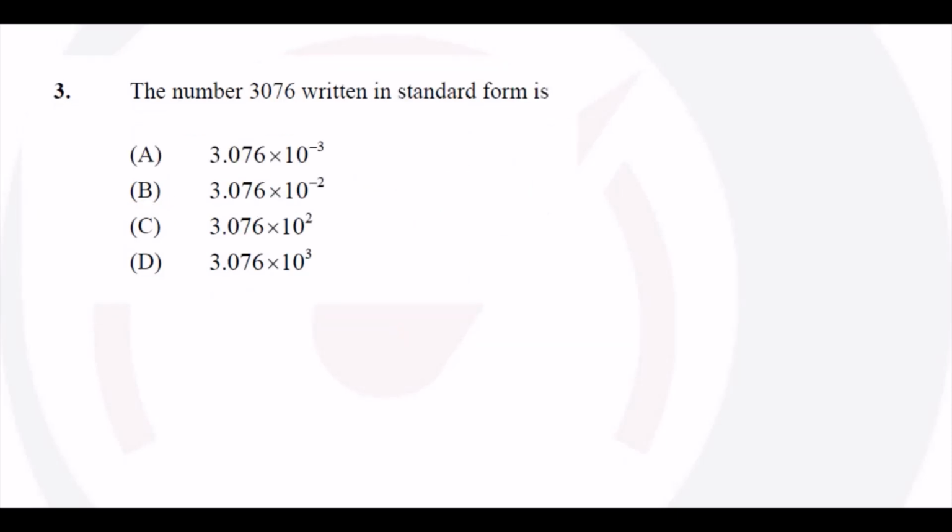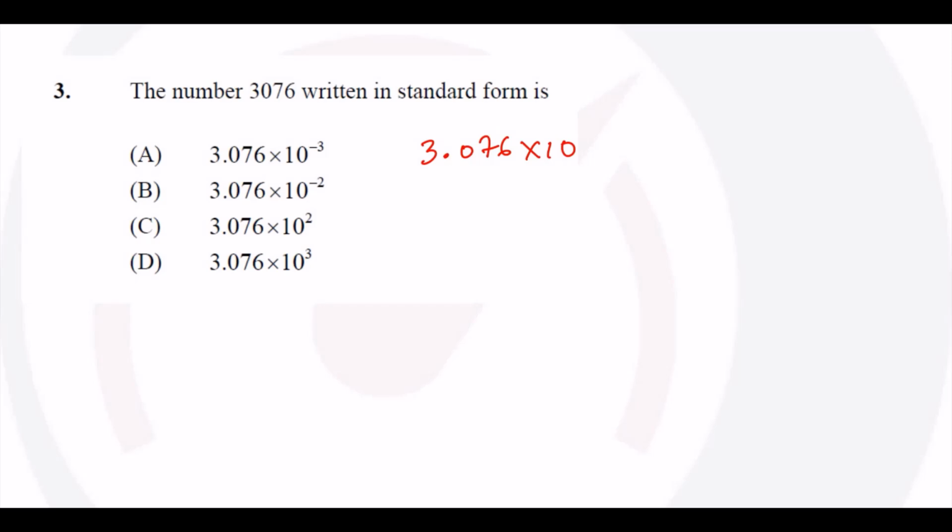Question 3, the number 3076 written in standard form. So the first step, we put 3.076. Just write it out as that. Write it out first and put the point after the first non-zero number multiplied by 10.